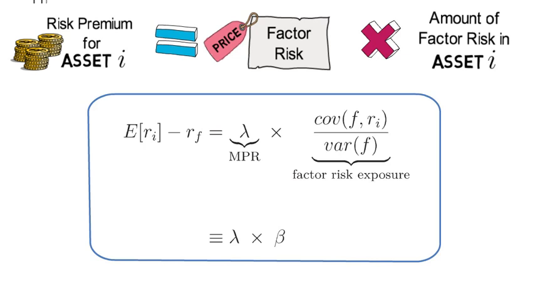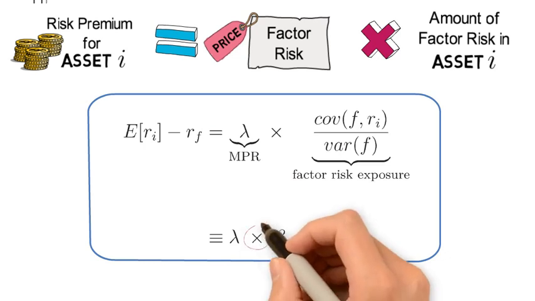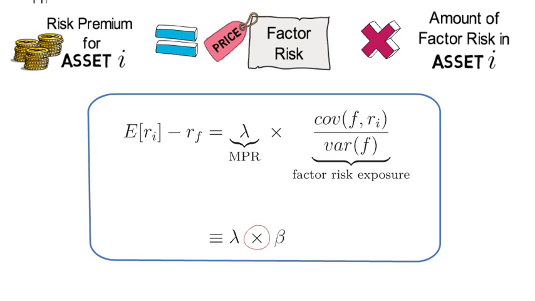Now let's stay for a couple of seconds with these two equations. So you basically see that the expected excess return for any asset is the product of these two components, a lambda times a beta.